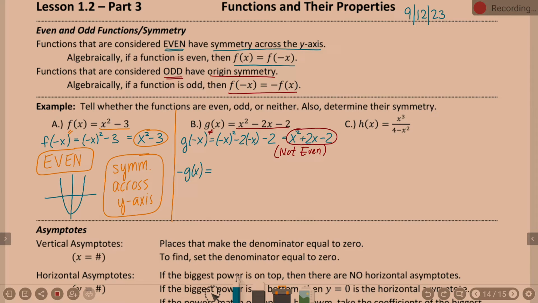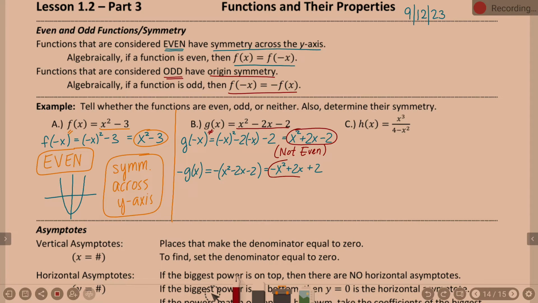So one way of writing it is the negative of, and I'm going to put parentheses, x squared minus 2x minus 2. If it's the negative of that, I'm multiplying every term by a negative. So x squared becomes negative x squared, minus 2x becomes plus 2x, and minus 2 becomes plus 2.